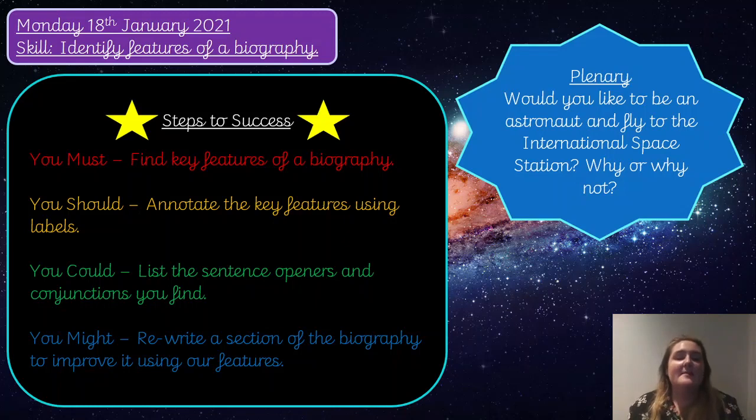Okay, your steps to success today then. Find key features of a biography. Annotate the key features using labels, which you should have all done by now. List the sentence openers and conjunctions you find. So after you have annotated and underlined the sentence openers, you might like to write a list of sentence openers and conjunctions that you have found when reading the example.